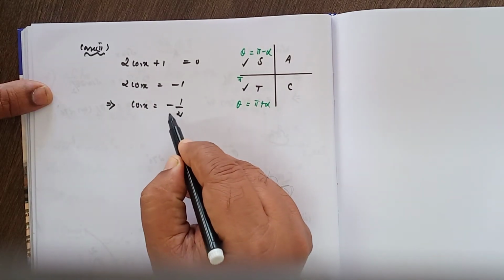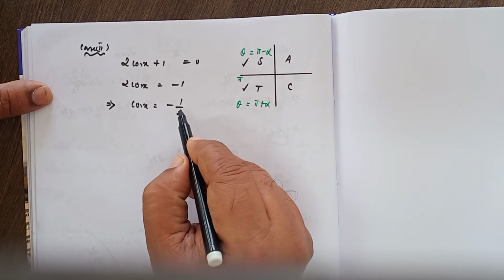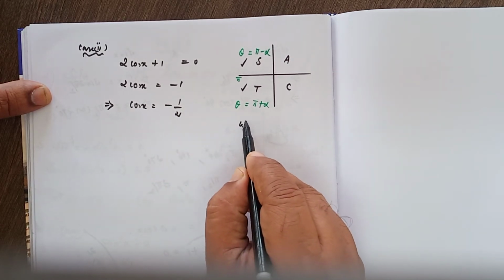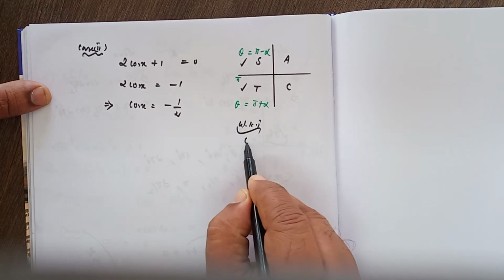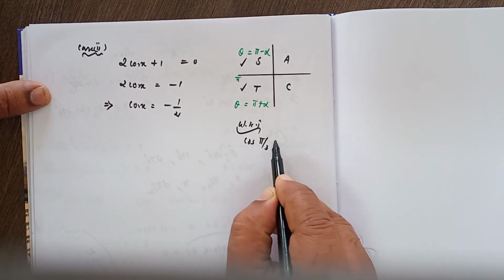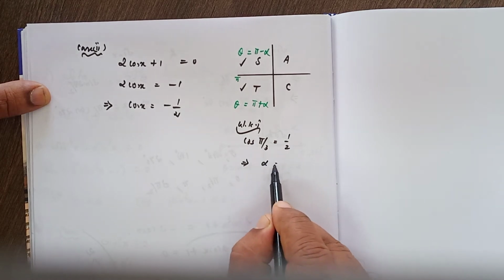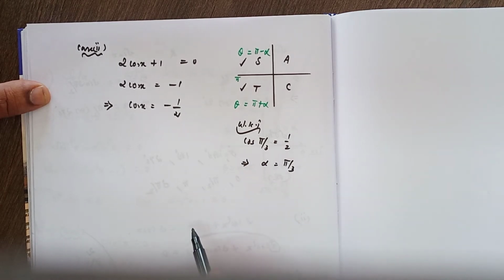So which one is alpha? Here we have half. Cos 60 degree is equal to half. We know that cos pi by 3 is equal to half. So you have to consider alpha is equal to pi by 3.